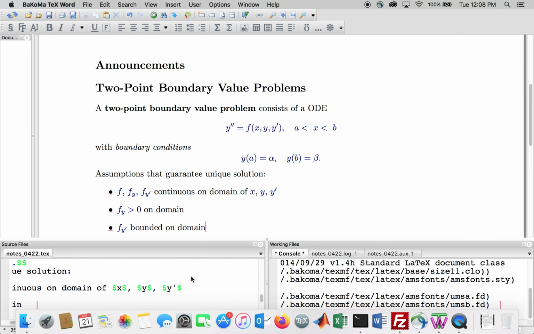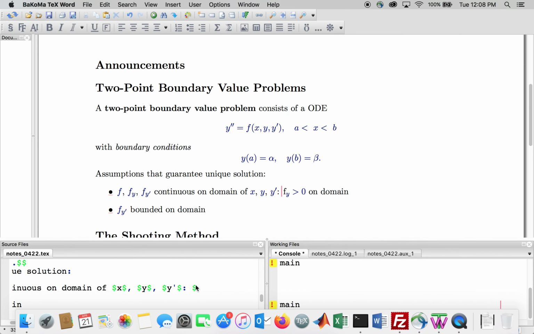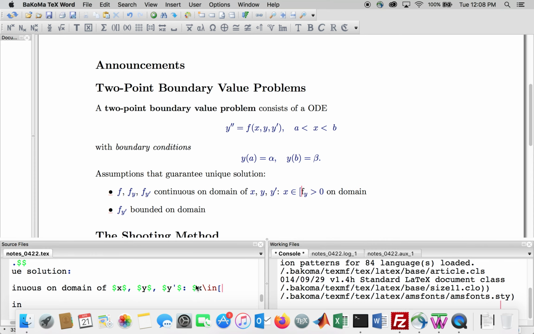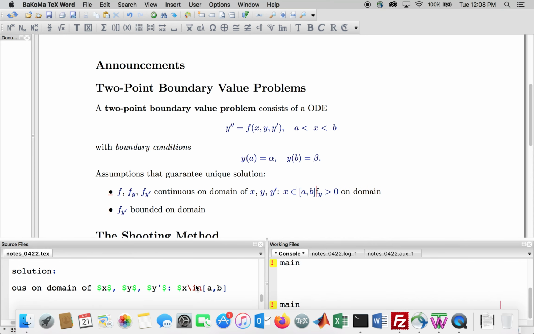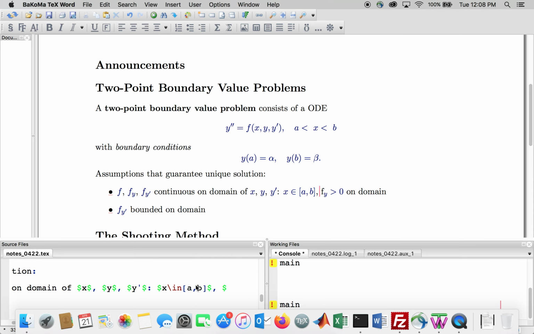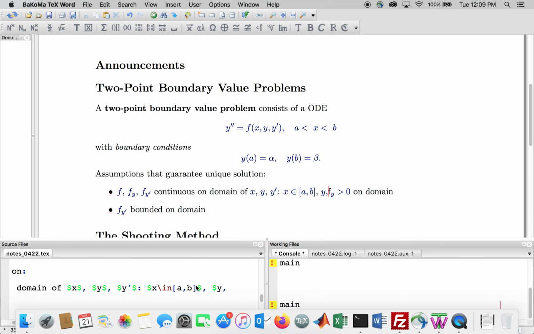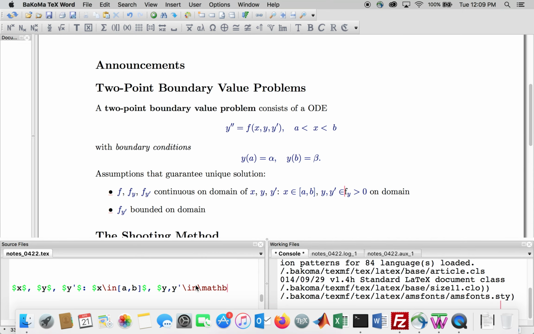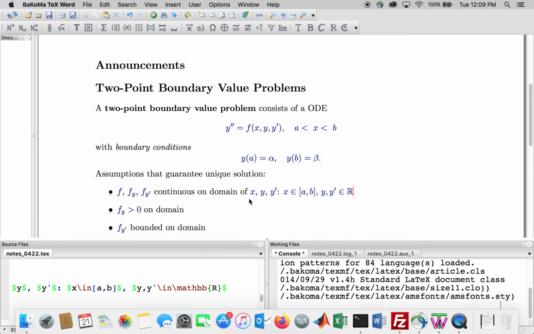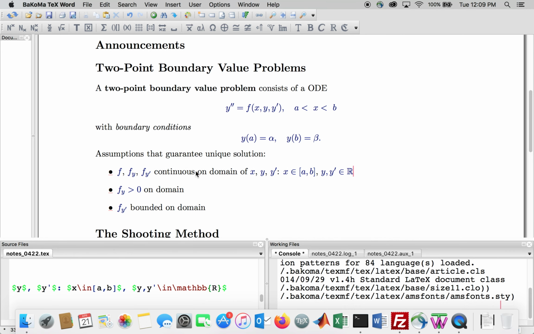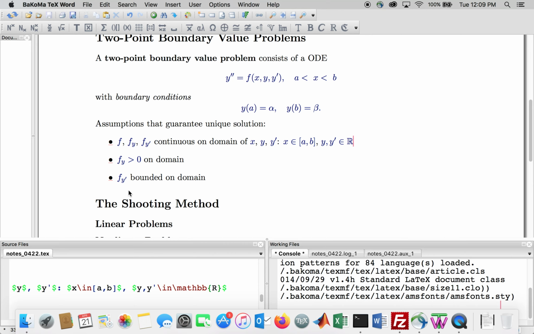So x is in AB, and y and y prime are any real numbers. When I say on a domain, it's this domain that I'm referring to. So keep in mind this assumption is very important: df/dy must be positive, and that helps ensure a unique solution.